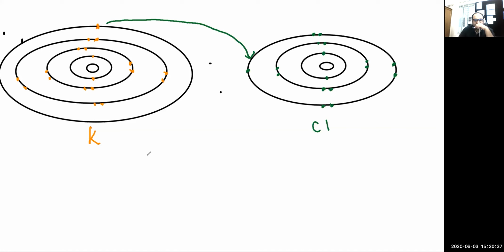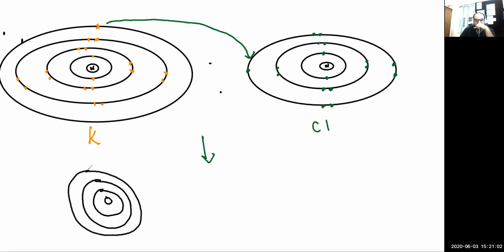Eventually, what happens? We have a nucleus, and then it's 2, 8, 8.